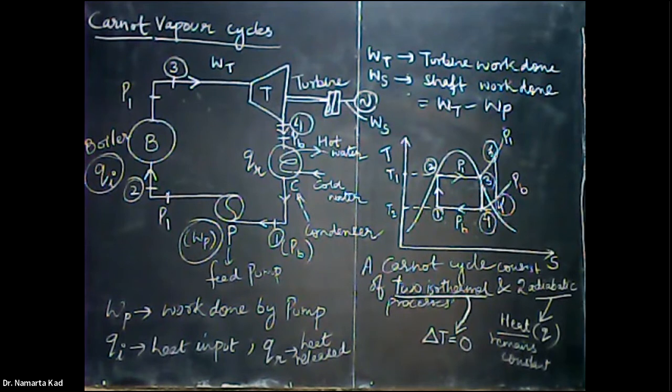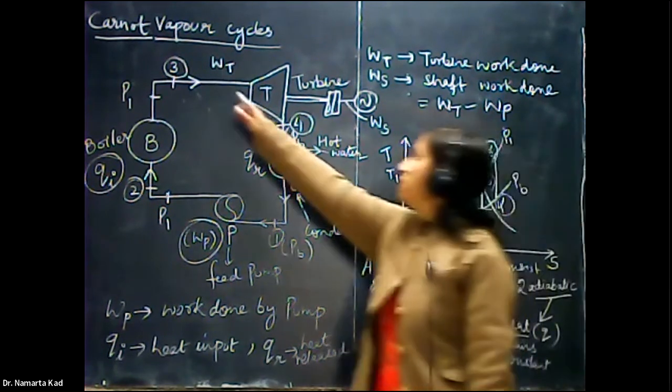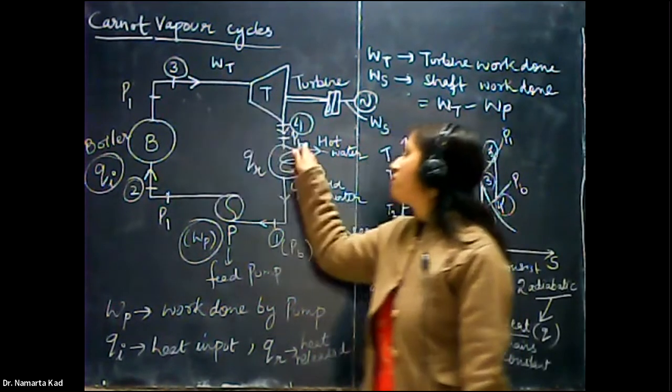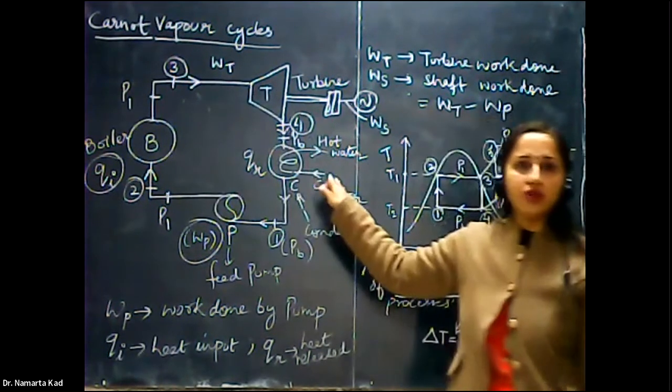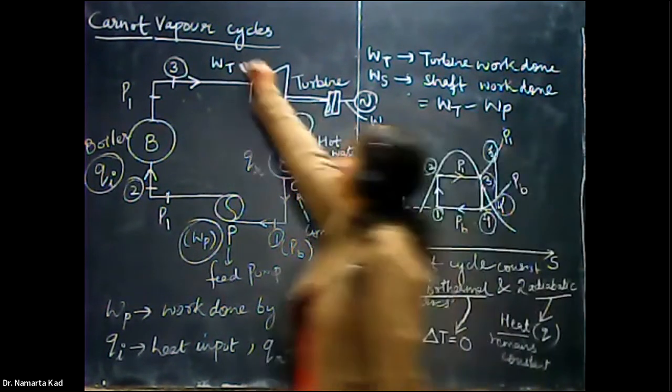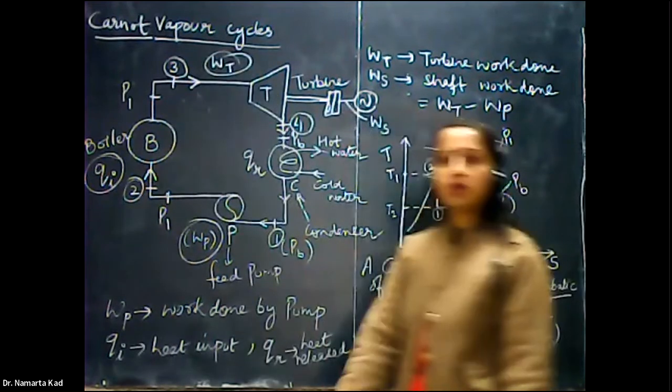I'm again repeating, isentropically. It is the reversible adiabatic process up to the condenser pressure PB. So the isentropic process takes place and the pressure reduces from P1 to PB, that is at the level of the condenser, and produces the work WT, and WT is the work done across the turbine.